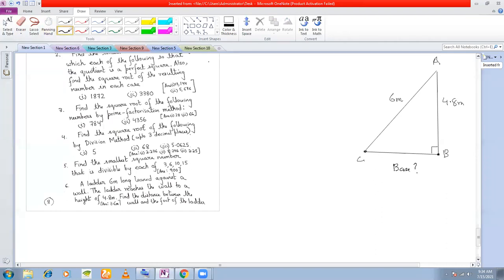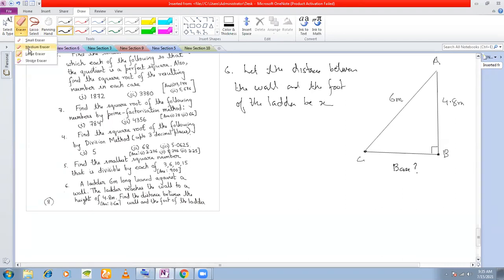So let the distance between the wall and the foot of the ladder be x. Therefore, BC is equal to x.